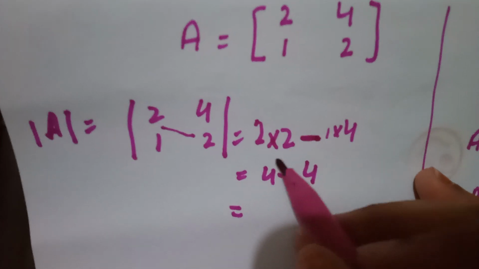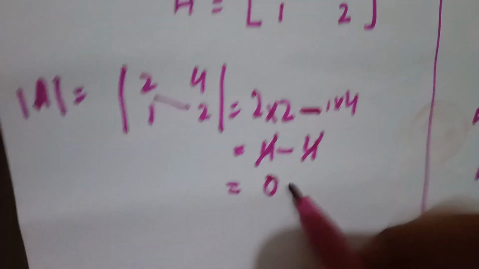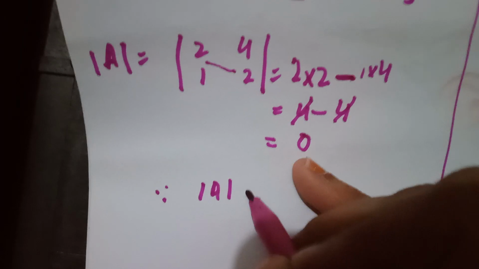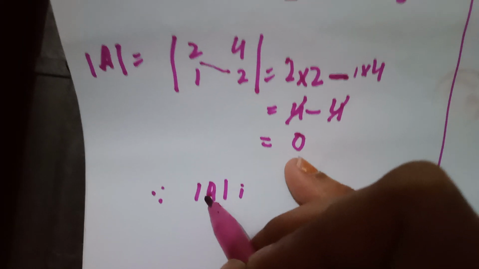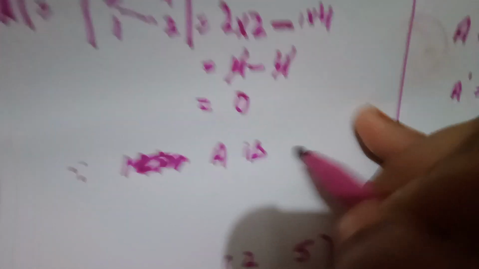Plus 4 and minus 4 will cancel and the answer is 0. Hence, matrix A is a singular matrix.